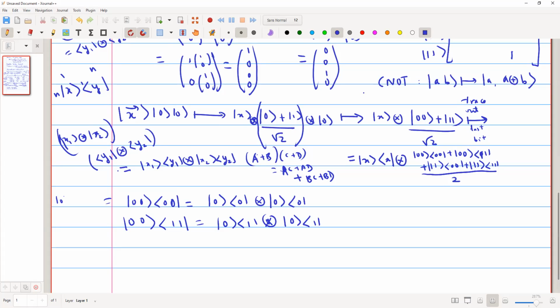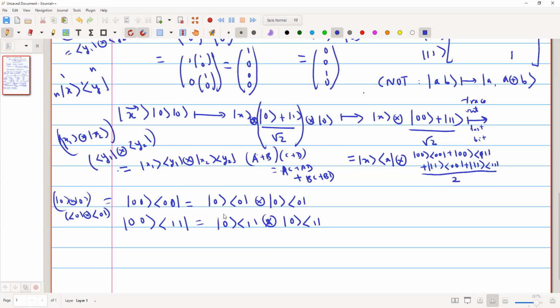To remind you, this was 0 tensor 0, just a shorthand for that. This one was bra 0 tensor bra 0. And I'm again using this thing out here to conclude this.